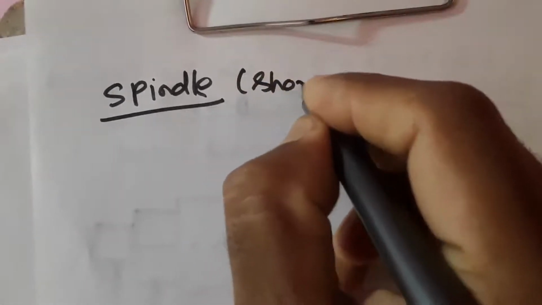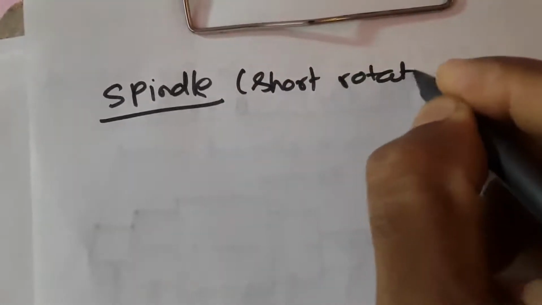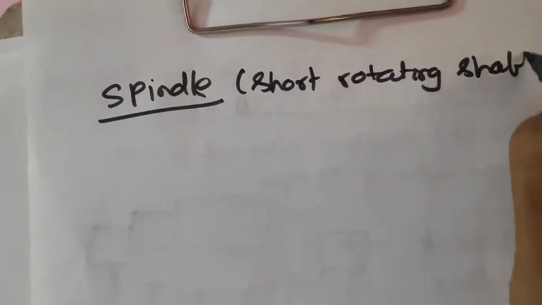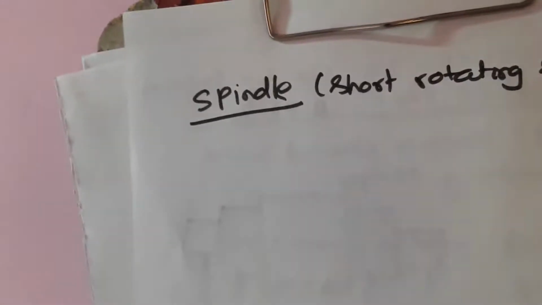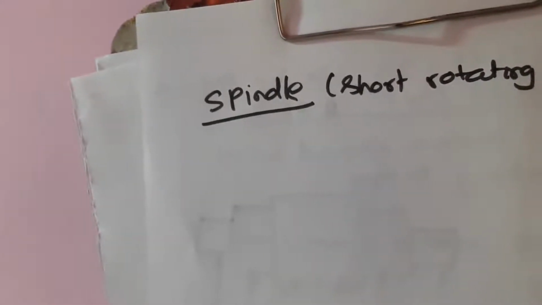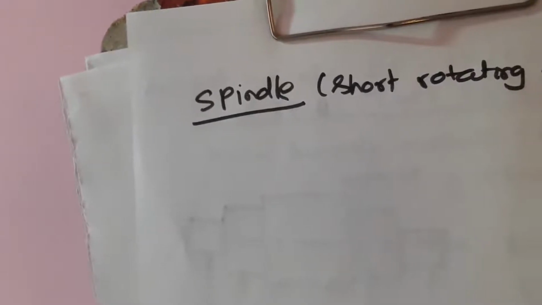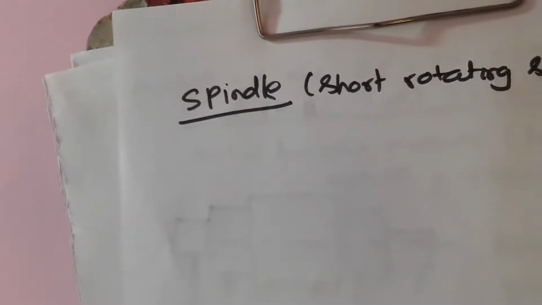Whereas the spindle is a small shaft. Spindle is a short rotating shaft. The term spindle originates from the round tapering sticks on the spinning wheel on which the threads are twisted.